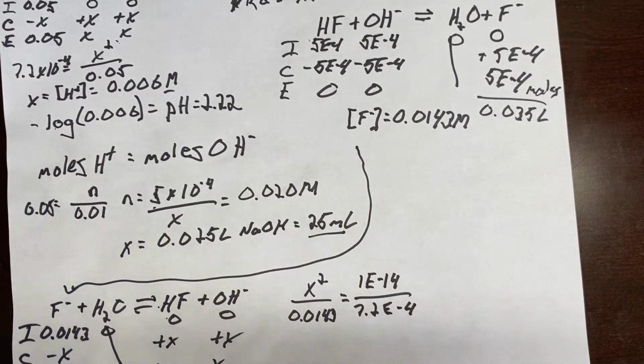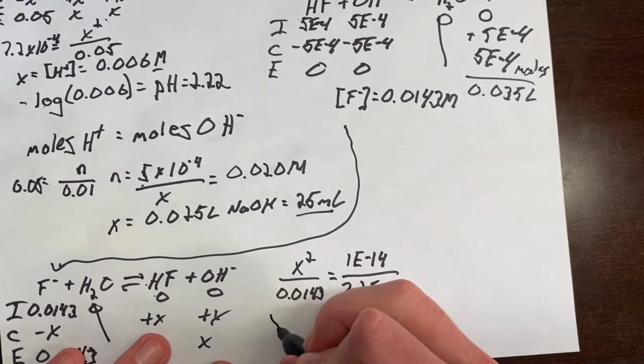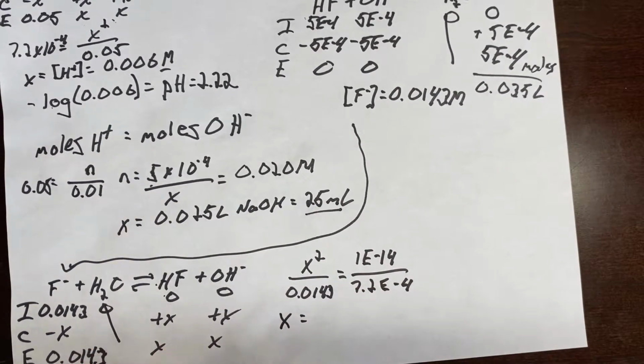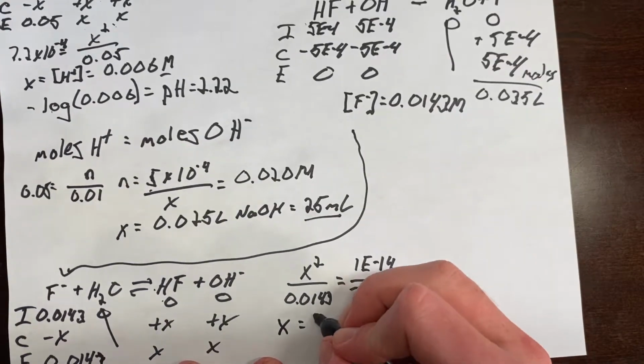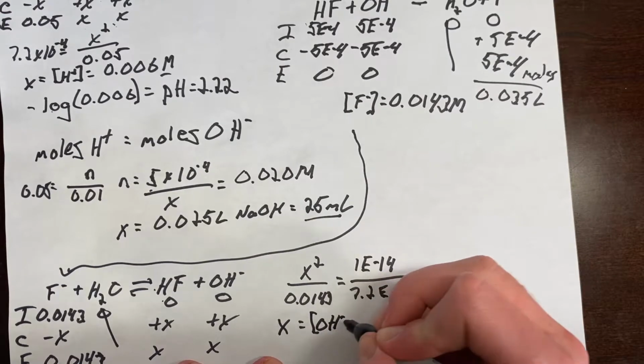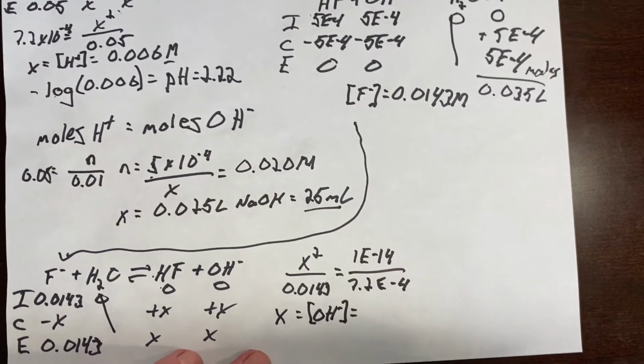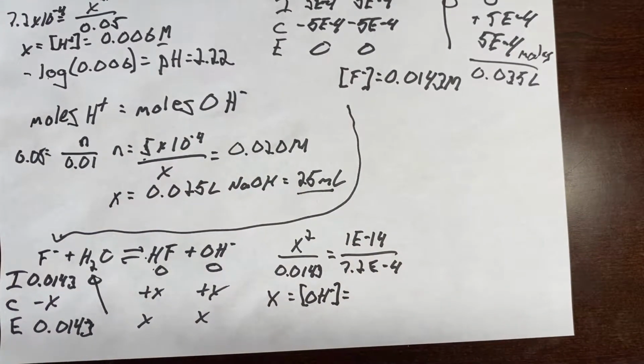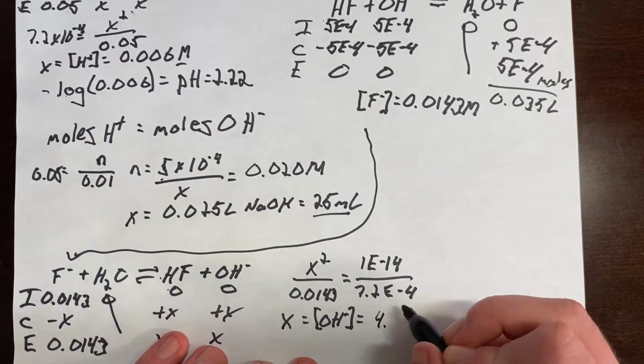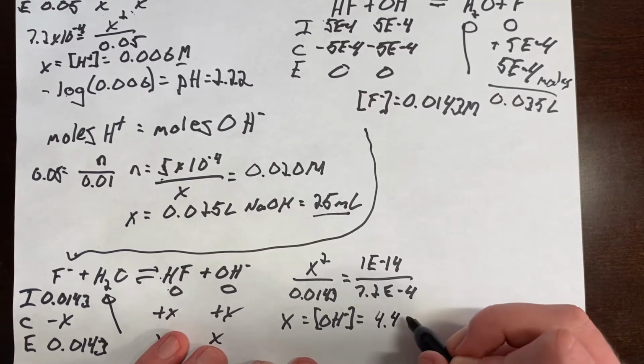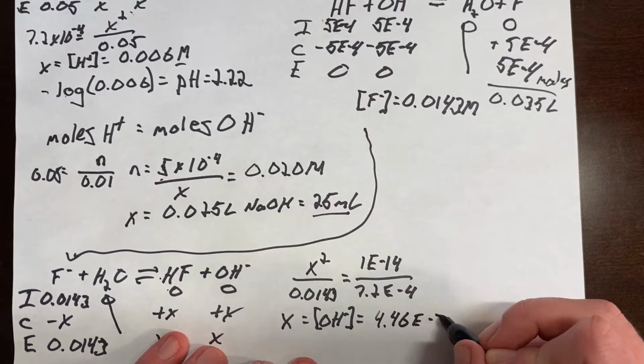And then you can just solve that for x. What we're solving for, x, is going to be the concentration of OH minus, all right? And so the concentration of OH minus is going to be 4.46 times 10 to the negative 7.